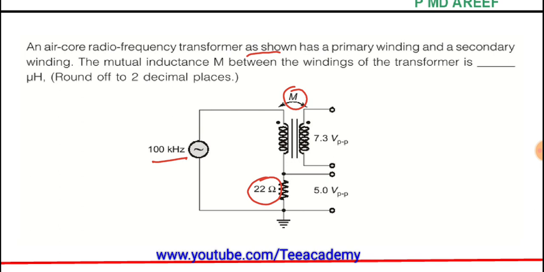The current is flowing here. No inductance value or voltage value is given, so the only thing we know is the current value.